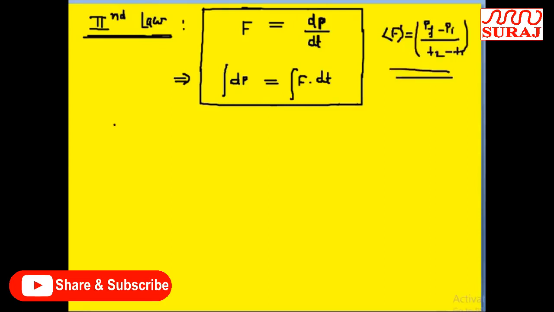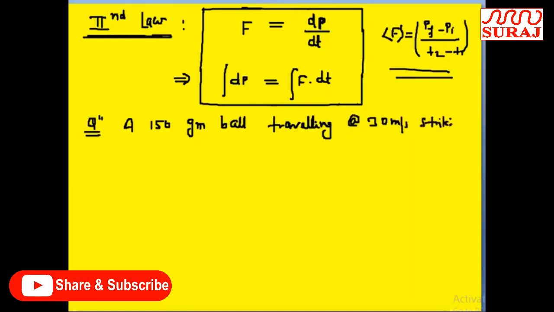So accordingly, sometimes we may have to integrate this equation and sometimes we may have to differentiate this given equation. But it may happen that the particle takes some time to change its momentum. So accordingly, the average force can also be written as the change in momentum, means final momentum minus initial momentum, upon time taken, t2 minus t1. So the calculations will depend according to the information given in the question, right?